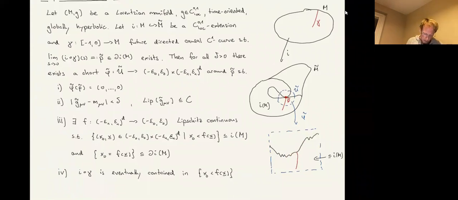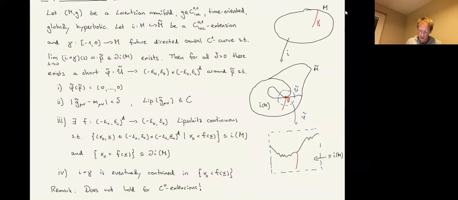Let me also make the remark that the proposition does not hold for C0 extensions. It's not just that I don't have a Lipschitz bound.